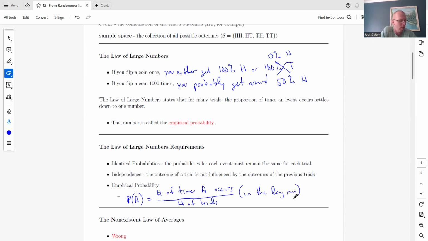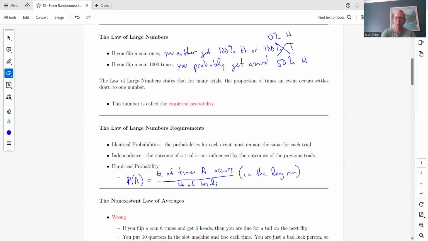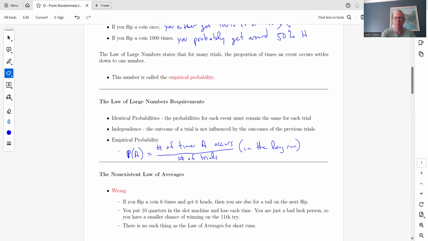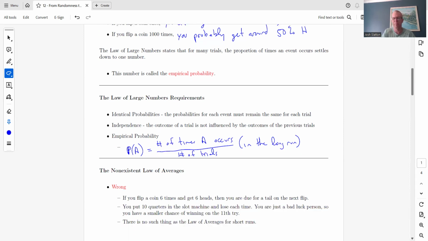All right, now we have something called the non-existent law, the law of averages, which doesn't really exist. People will kind of speak in these ways, but this is not really the right way to think about it. For example, if you flip a coin 6 times and you get 6 heads, then you're due to get tails on the next flip.